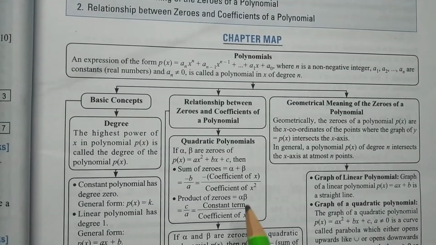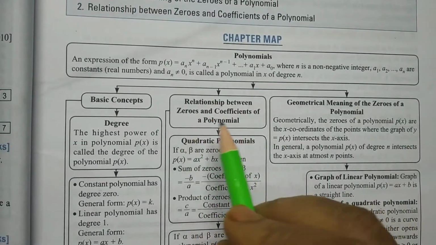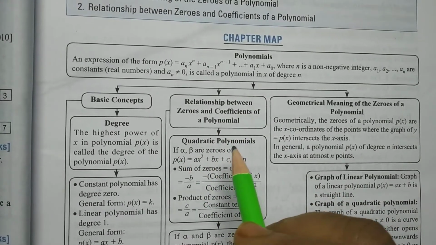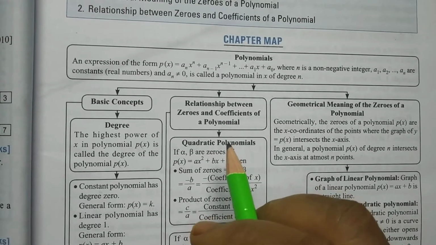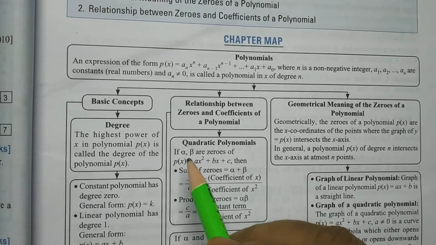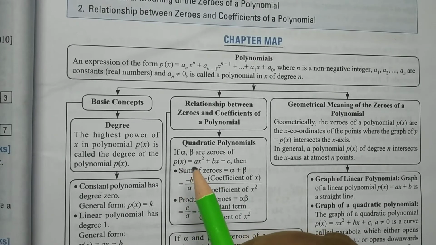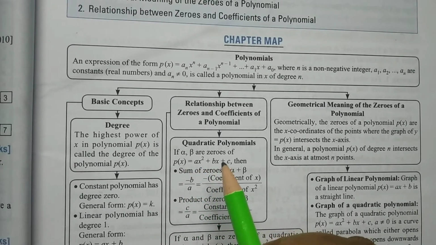Next, the relationship between zeros and coefficients of a polynomial. Quadratic polynomial: if it is a quadratic polynomial, how many zeros does it have? 2 zeros. Suppose alpha and beta are the zeros of p(x) = ax^2 + bx + c.